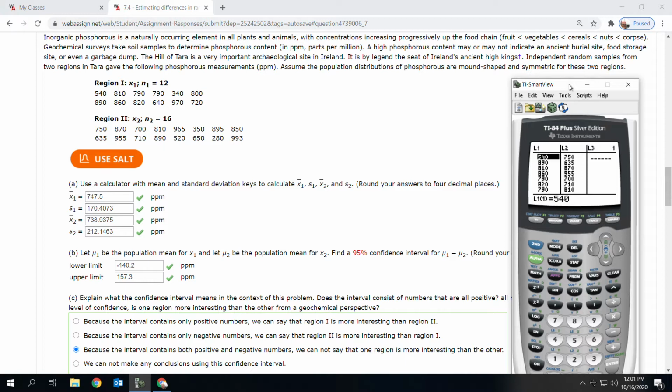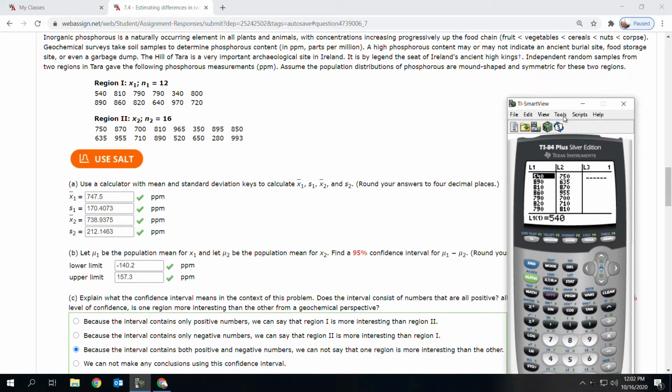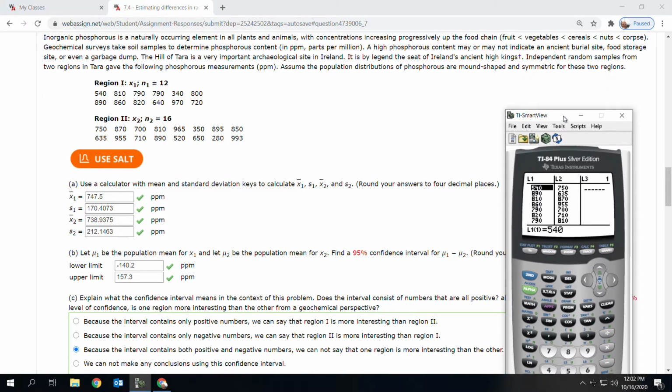Inorganic phosphorus is a naturally occurring element in all plants and animals, with concentrations increasingly progressive up the food chain. Geochemical surveys take soil samples to determine phosphorus content in parts per million. A high phosphorus content may or may not indicate an ancient burial site, food storage site, or even a garbage dump. The Hill of Tara is a very important archaeological site in Ireland.